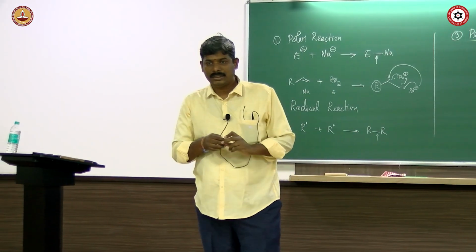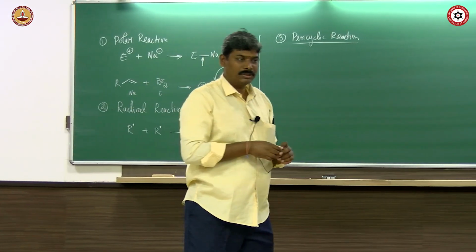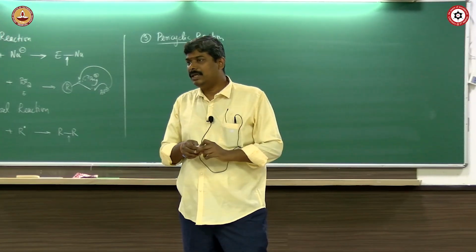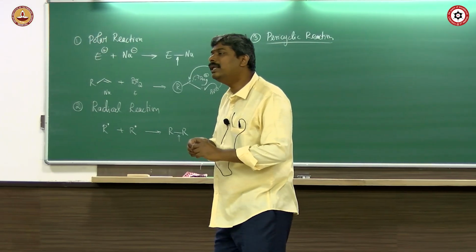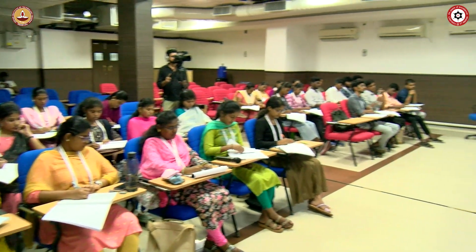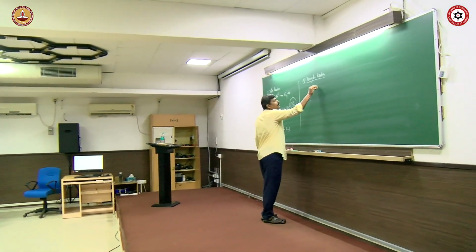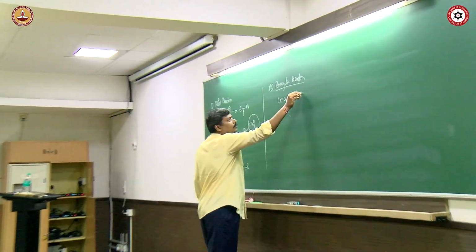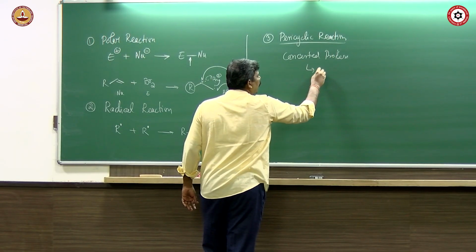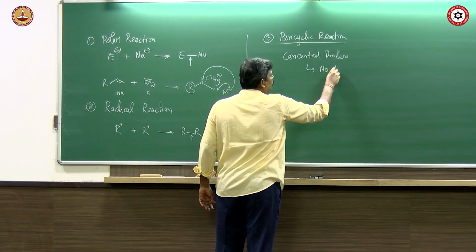All the pericyclic reactions we talk about are in general concerted processes. A concerted process itself defines that you do not have an intermediate formation, right? The first thing is it's a concerted process, which means you have no intermediate formation, right?